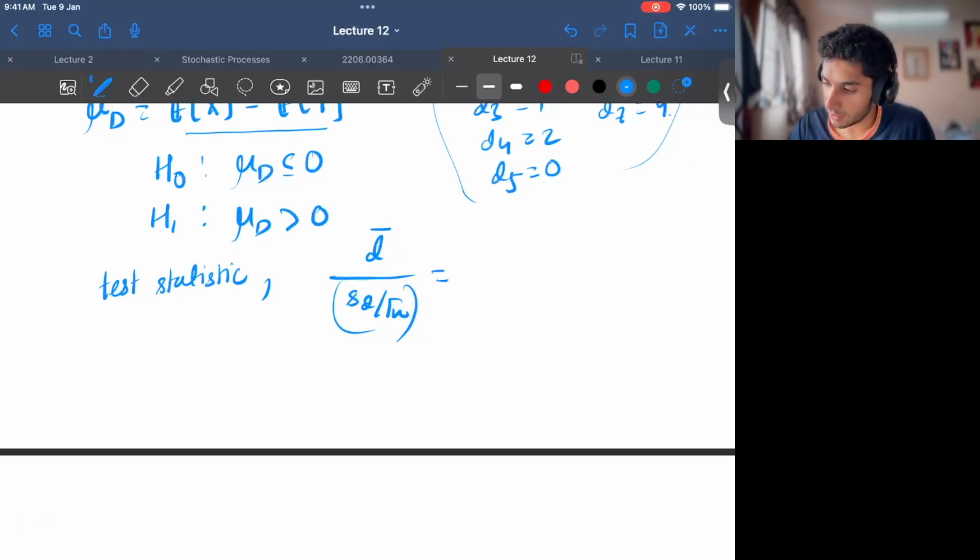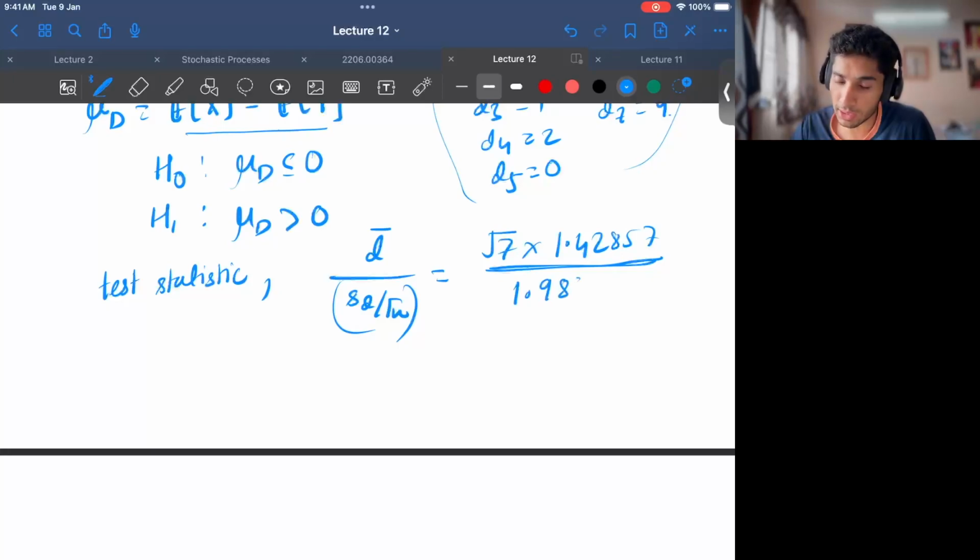If you calculate the average, root n is root 7, times d bar, that is 1.42857, divided by the standard deviation. You can calculate the standard deviation, which comes out to be 1.98806. These things can be calculated using a calculator. This thing comes out to be 1.901.